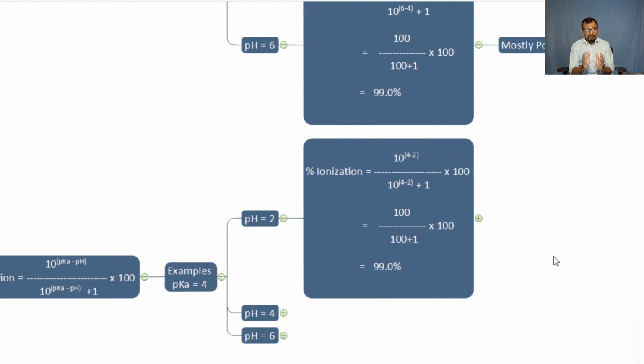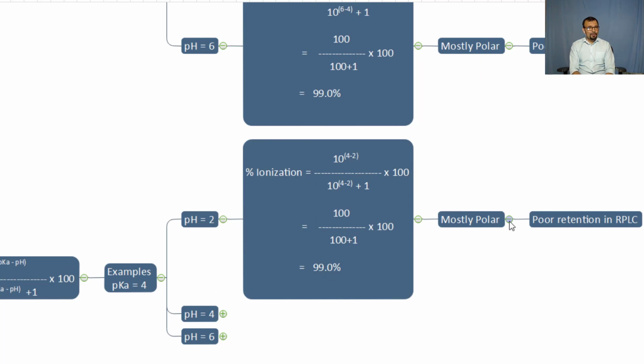So once you put the values into the equation, you will understand that the percent ionization of the weak base is now 99%, right? And once the compound is ionized almost to the 99%, it will be a most polar version of the same compound.